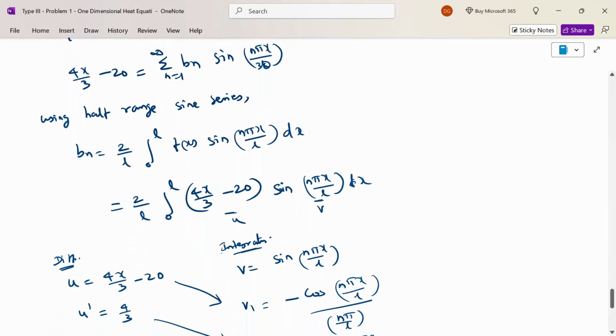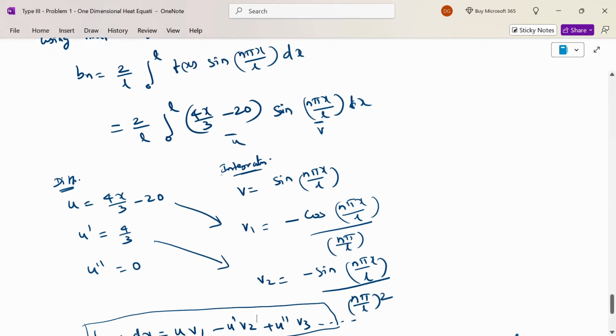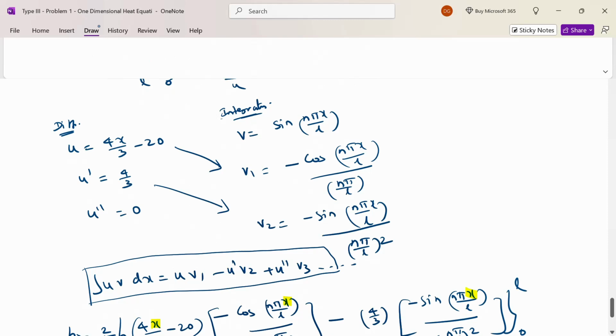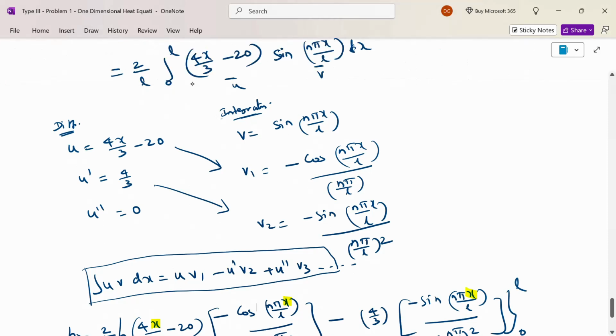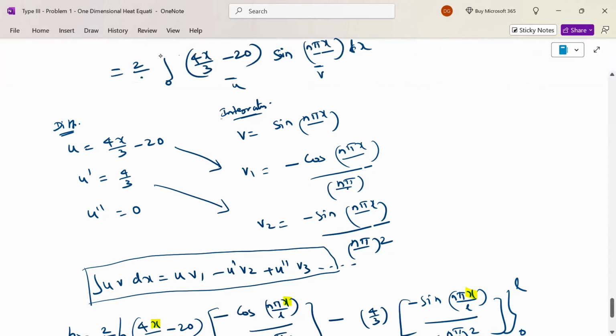When I apply this formula, you change here in this general formula L to 30, wherever L is, change it to 30. Suppose in the last you want to change it, also change it, nothing wrong with that. So 2 by 30, 30, and this is 30, this is 30 square.